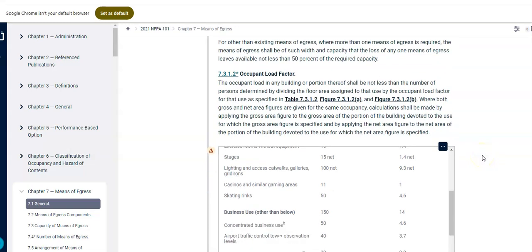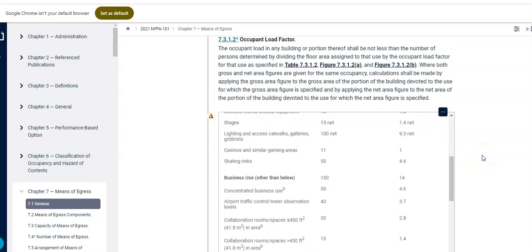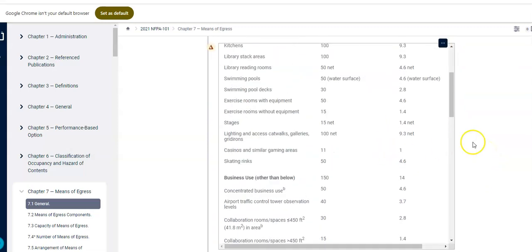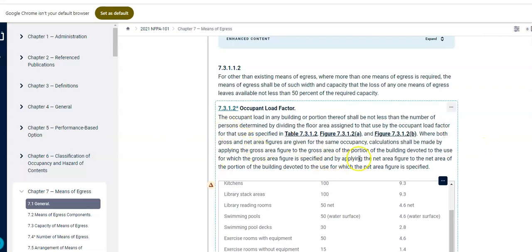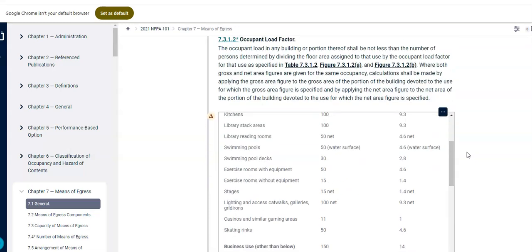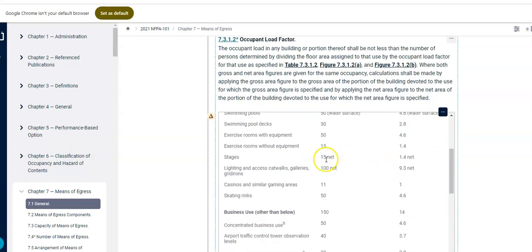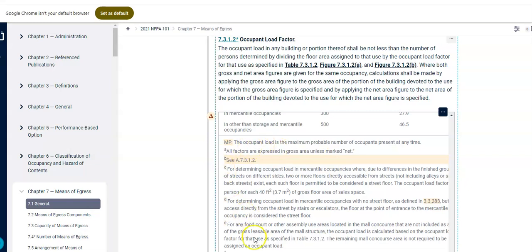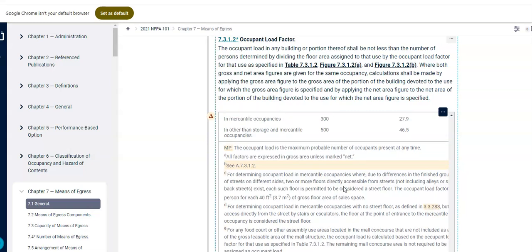I still learn things when I'm working with architects or engineers and trying to figure out these occupancy loads. So be mindful of just reading the beginning paragraphs and looking at the reference tables that they're referring to. Also, at the bottom of it, you always have footnotes, okay? And the footnotes are really important to take a look at as well.